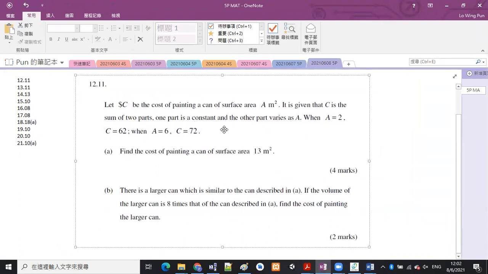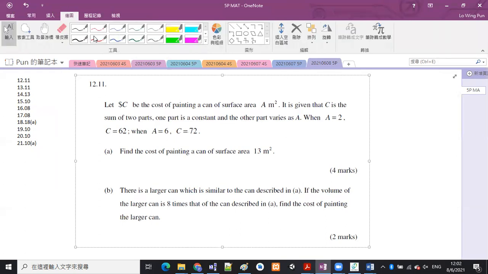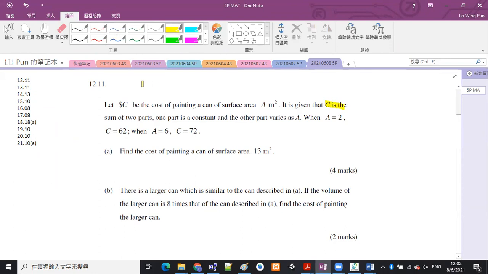Let C dollars be the cost of painting a can of surface area A meters square. It is given that C is the sum of 2 parts. One part is a constant and the other part varies as A. So please underline or highlight this. C is the sum of 2 parts.